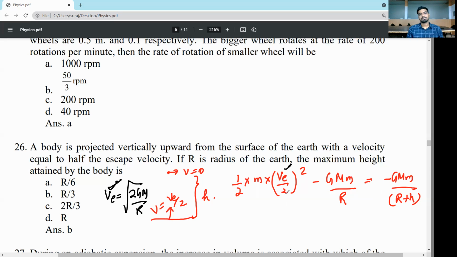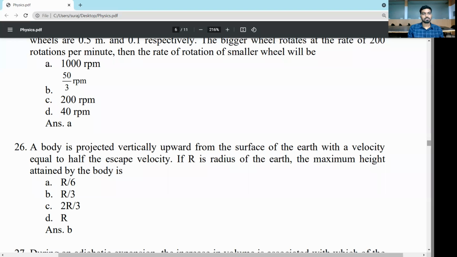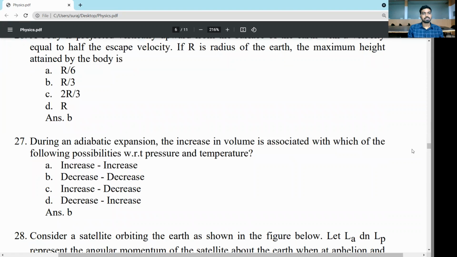Okay, next, coming to question number 27. During an adiabatic process, the increase in volume is associated with which of the following possibilities with respect to pressure and temperature? In an adiabatic process, what is constant?